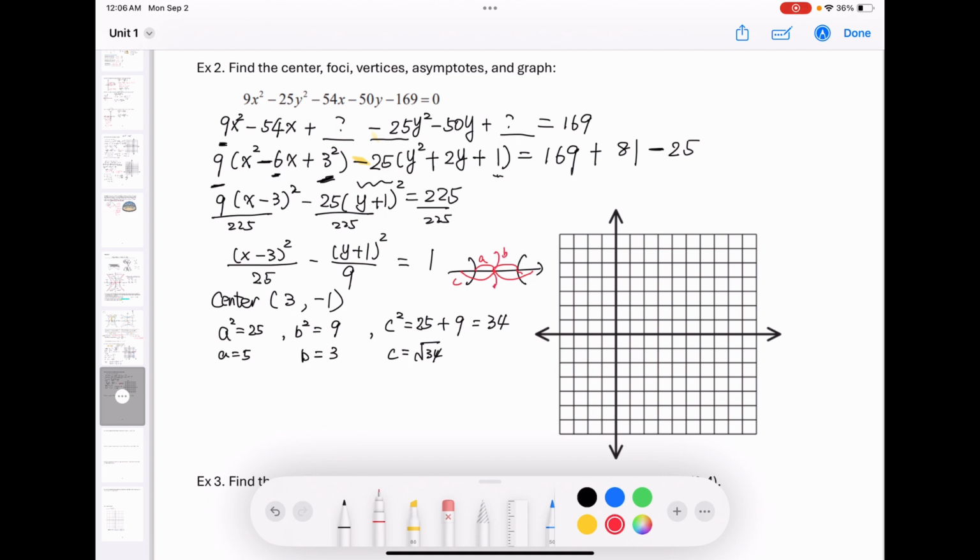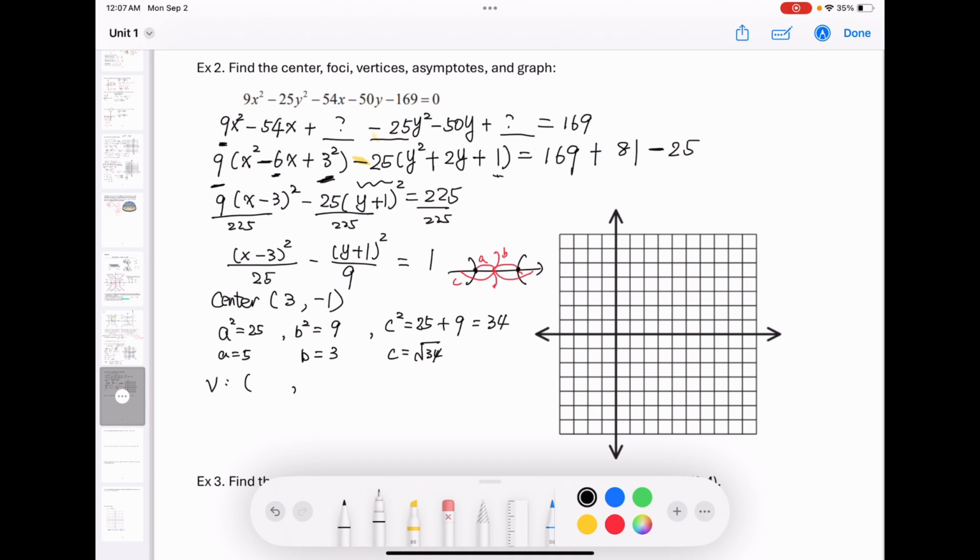Find co-vertices. So let's put the vertices here. So go to the left and right. The vertices, these 2 points, have the same y value as my center and a different x value.